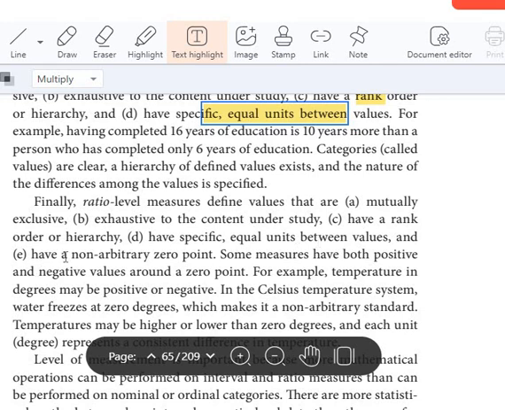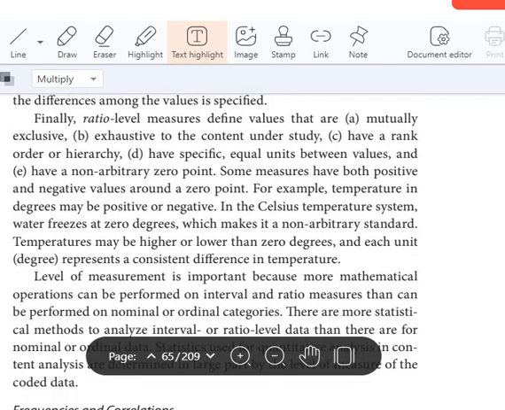And the last one, which is exclusive here, is having a non-arbitrary 0 point. We've taken all that in statistics. Some measures have both positive and negative values around the 0 point. For example, temperature in degrees may be positive or negative.